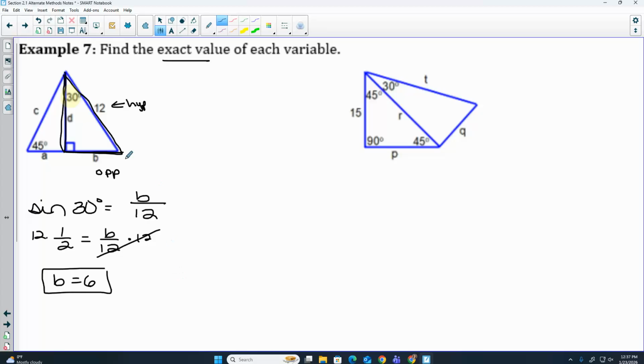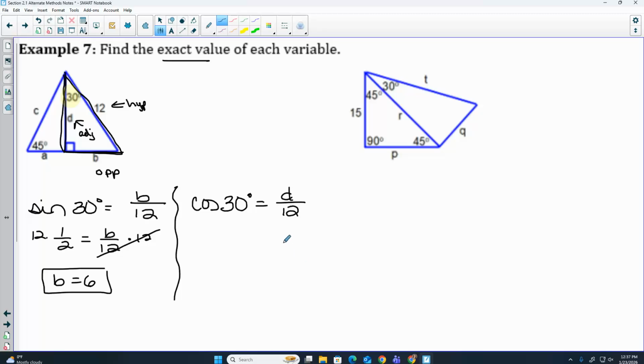Okay, I can find D as well, just using that triangle. From my 30-degree angle, side D would be the adjacent side. 12 is the hypotenuse. Which trig function involves adjacent and hypotenuse? I could say the cosine of 30 degrees equals my adjacent side D over my hypotenuse 12.